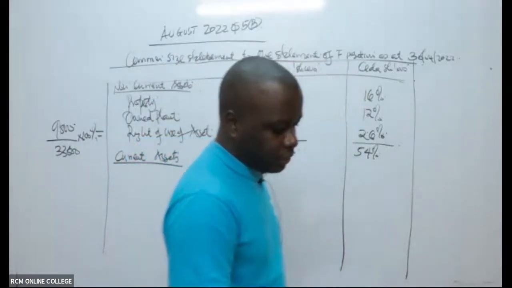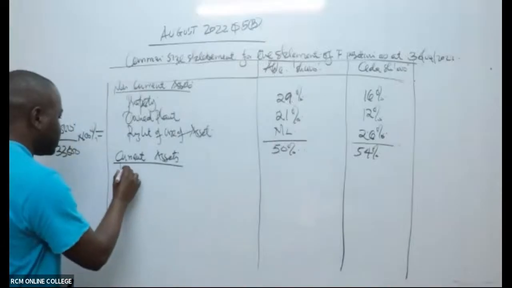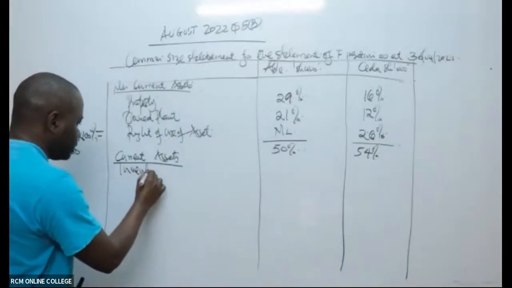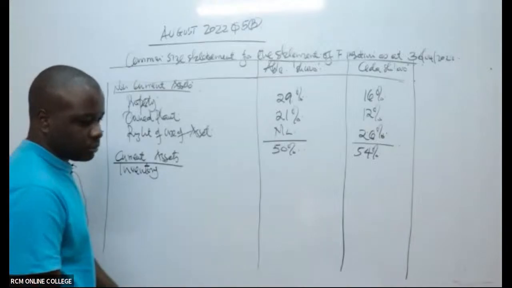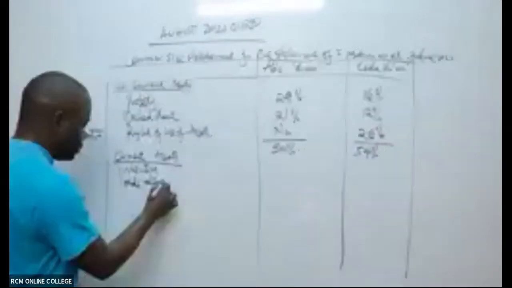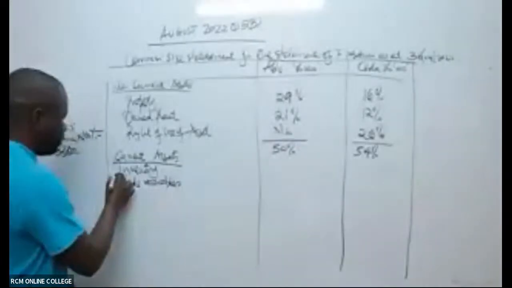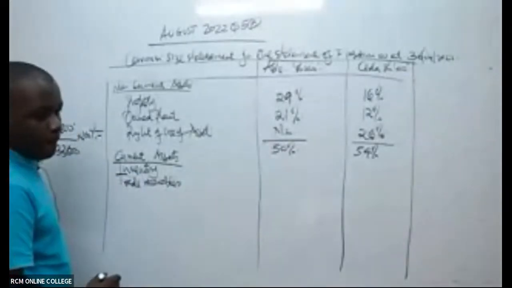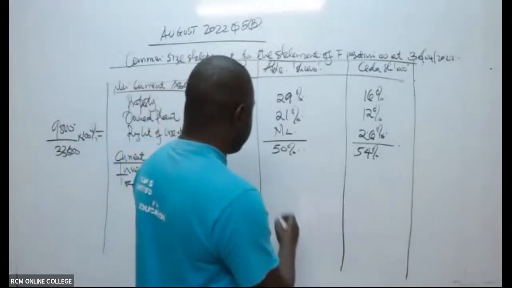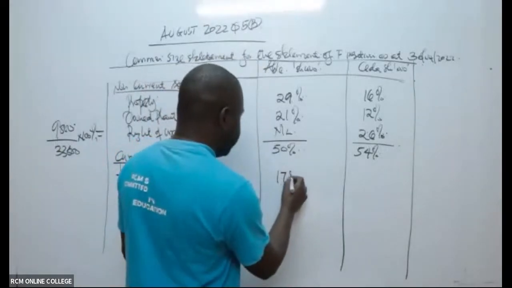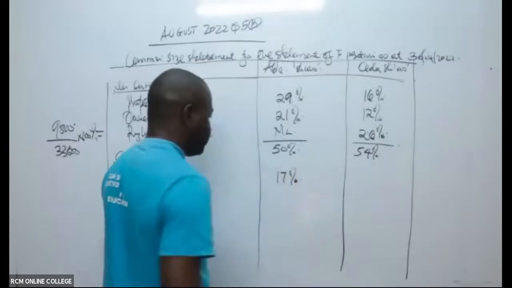So in the current assets, you have inventory. Inventory is which percent? Then you have trade receivables. Inventory is 16.7%, so if you round off to a whole figure, that is 17%.